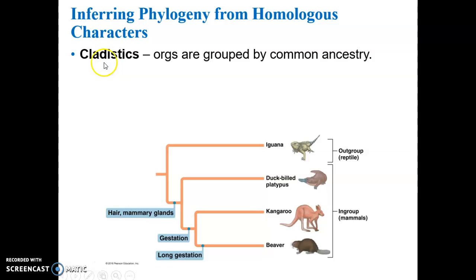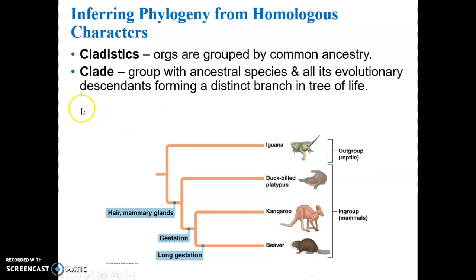So let's move into classification schemes. Cladistics is a branch of biology, systematics, or taxonomy where organisms are grouped by common ancestry to form what's called a clade. So this is a grouping of an ancestral species and all its evolutionary descendants that form a distinct branch in an evolutionary tree or in a phylogeny.